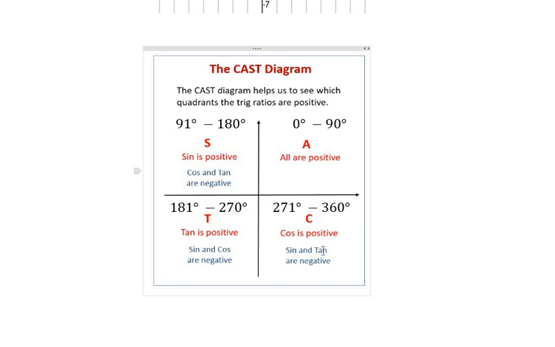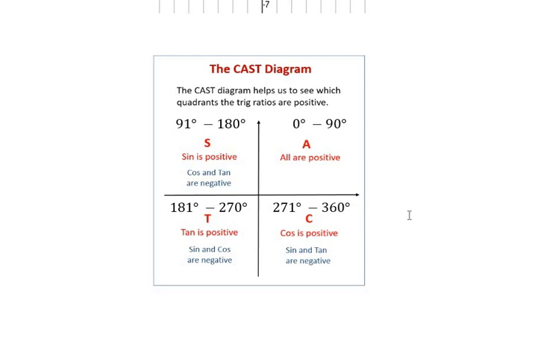Now like I said, if you look at this diagram, the acronym that is used here is CAST. C-A-S-T. CAST. So you can look for your own acronym that will suit you. Like some people will say, all students take coffee.